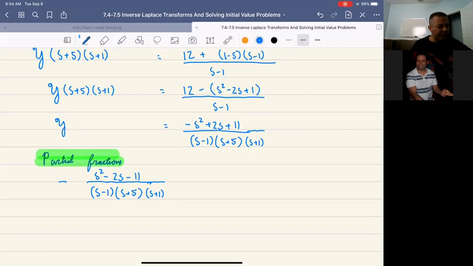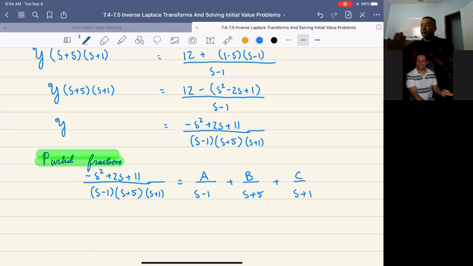Okay, you know what? No, I'm just going to leave it as it was. I'm going to say that this equals A over s minus 1 plus B over s plus 5 plus C over s plus 1.